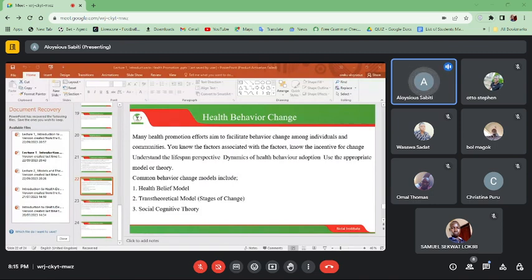So here it is looking at someone's attitude, someone's norms, and someone's perceived control, and then it will push this person to intentions.